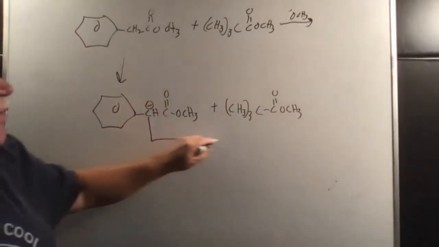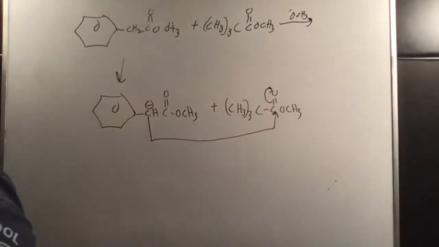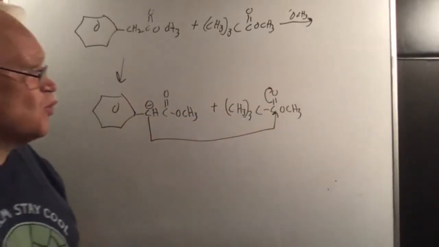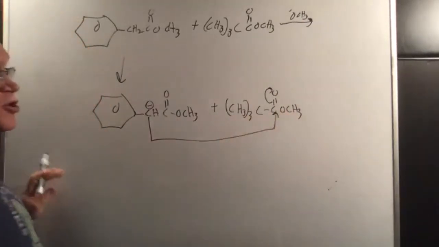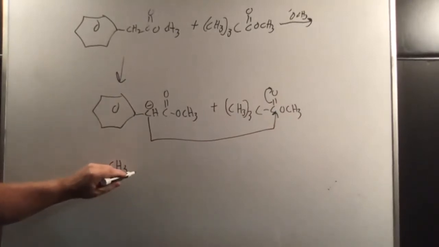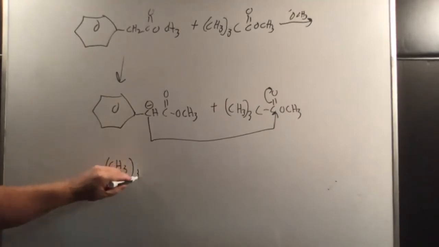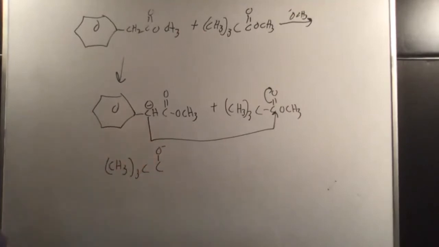This comes in, backside attacks, kicking that pair of electrons up. Now I'm just going to rewrite that. Again, I'm going to rewrite this piece first so that my ketone group is on this side. So there's my O minus.